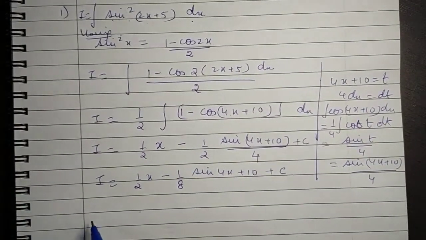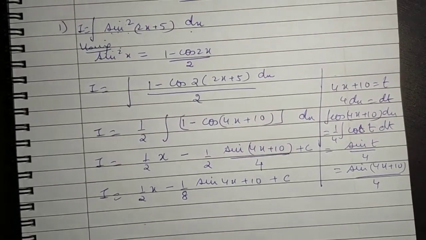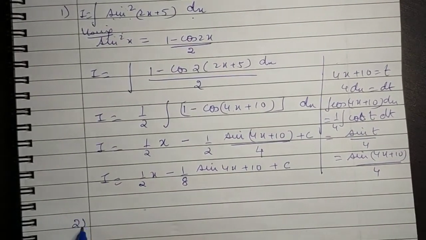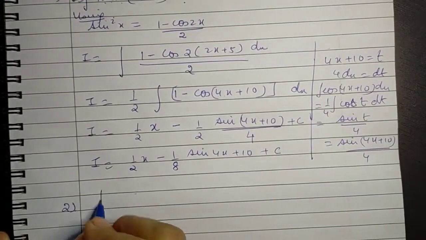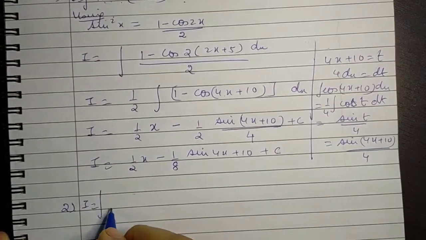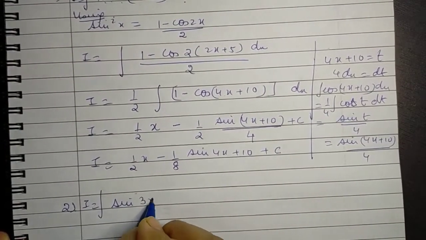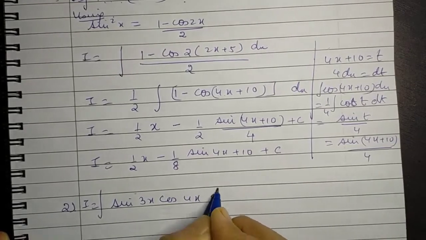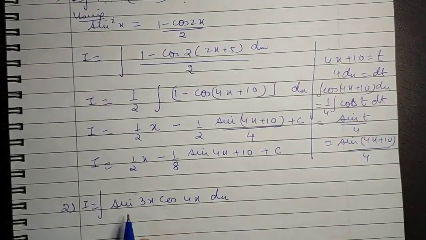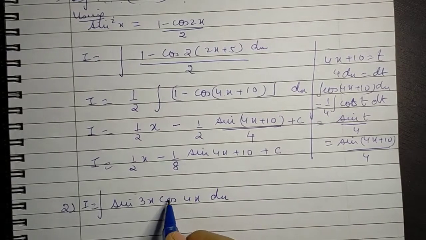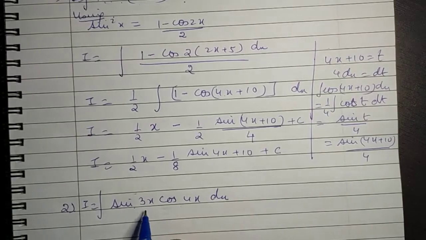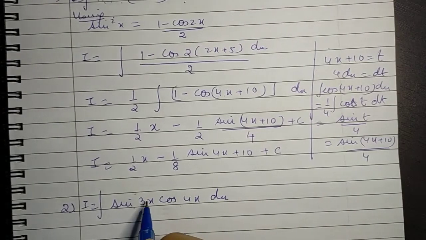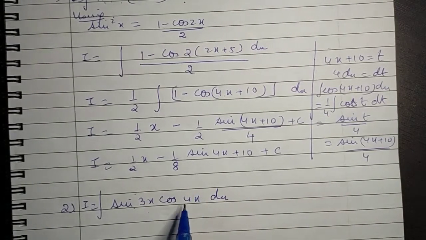Now again, a question of the next kind, that is question number 2. It says I is equal to integral of sine 3x cos 4x dx. We have done a similar question using substitution, but in that case the product of one sine and one cos could be solved by substituting, provided the angle on which the sine and cos act are the same.